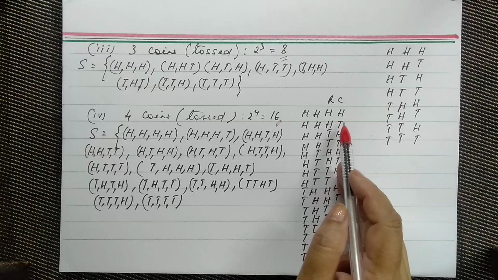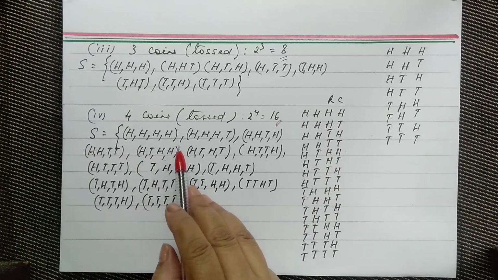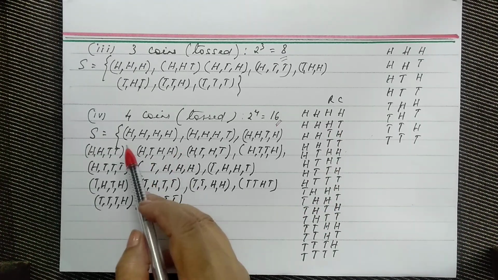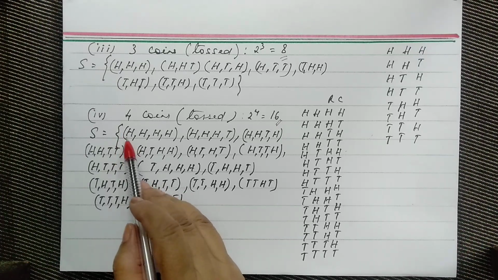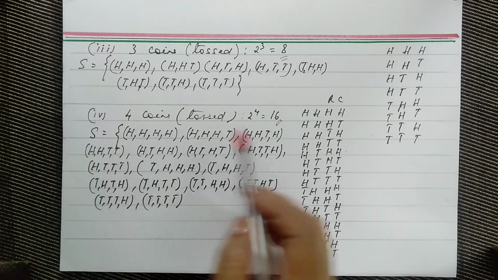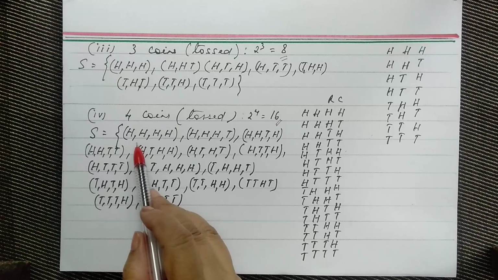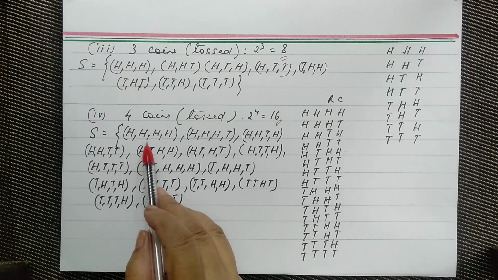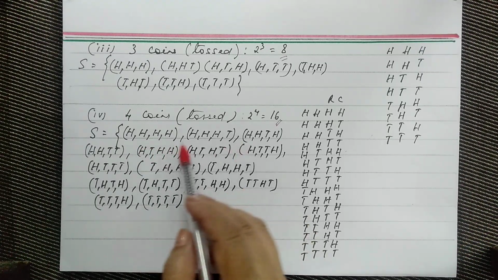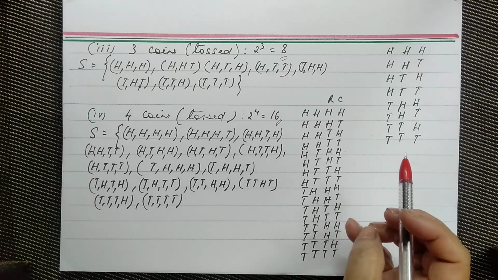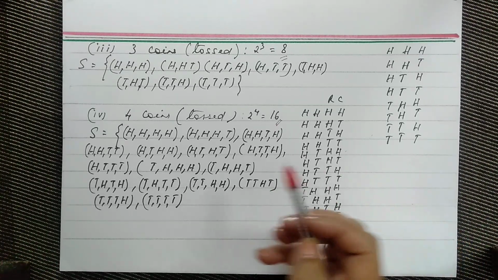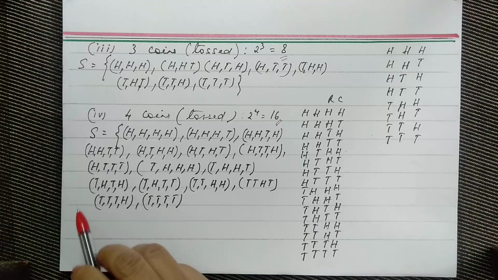Now the same thing is copied down over here with certain formalities. We put the curly brackets, and within the brackets we put them in proper alignment, H comma H comma, and like that. This is the whole thing that we do, and thus we are able to find our sample space.